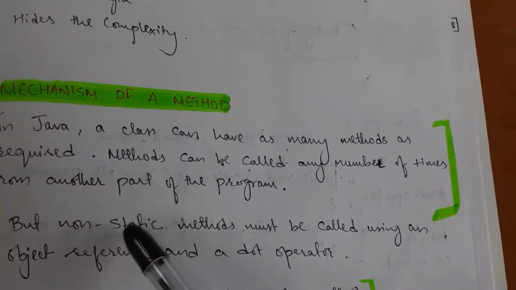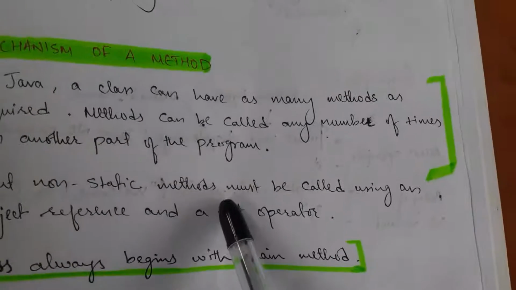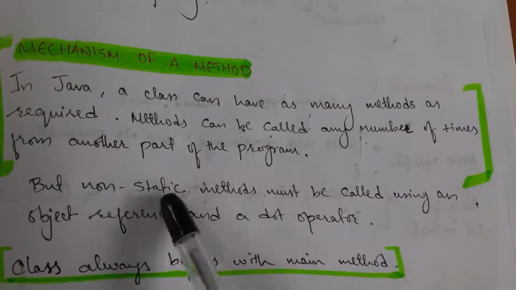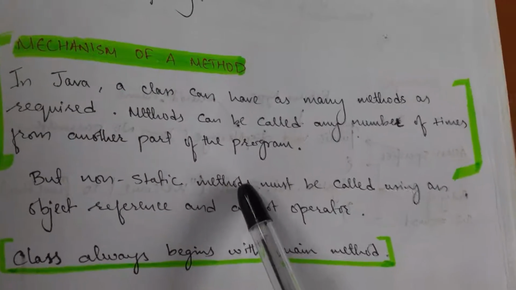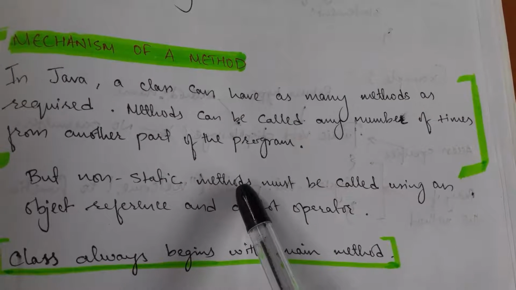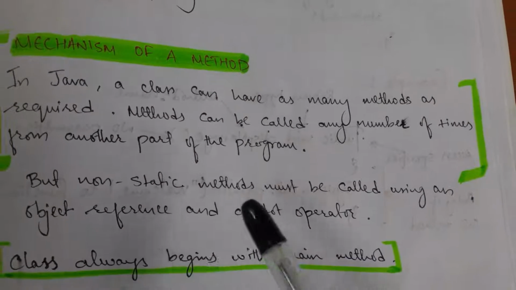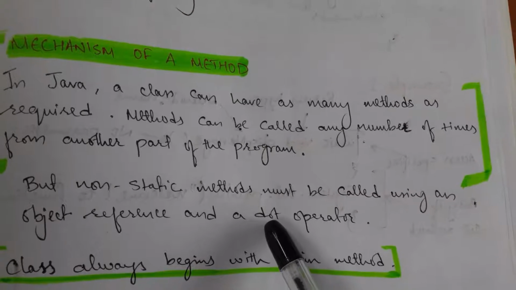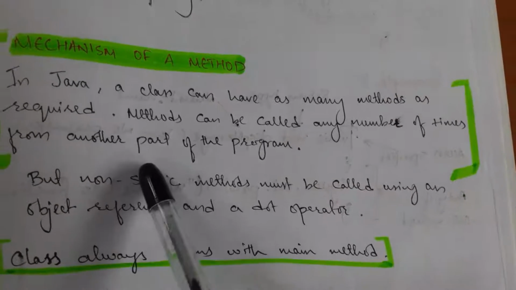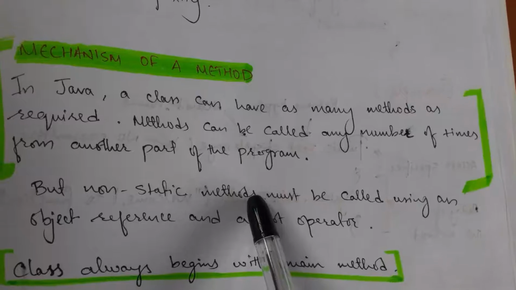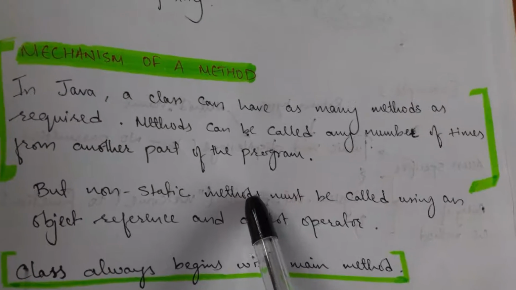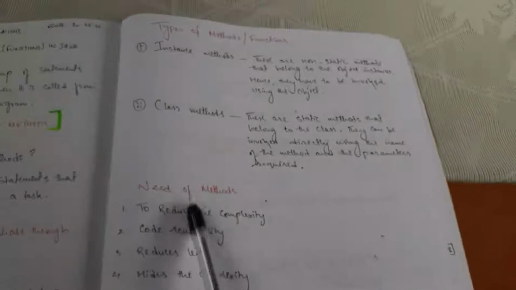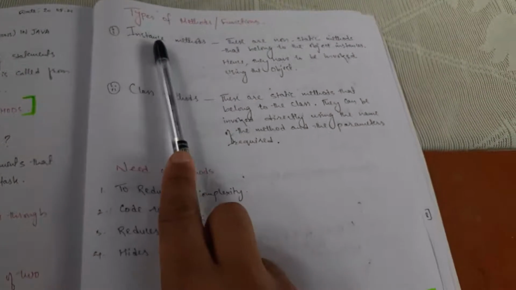But when we use a non-static method, we have to create an object and use the dot operator. That is how we can use the non-static method in Java programming. Remember this: a non-static method is also called an instance method.